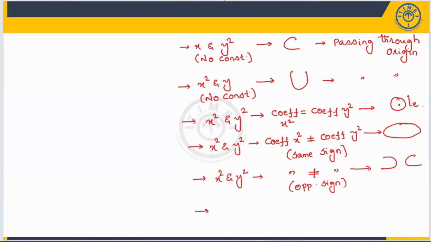And if I'm having only x and y powers, and no constant, then it is a straight line through origin.